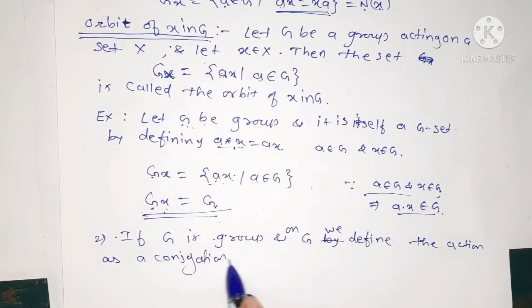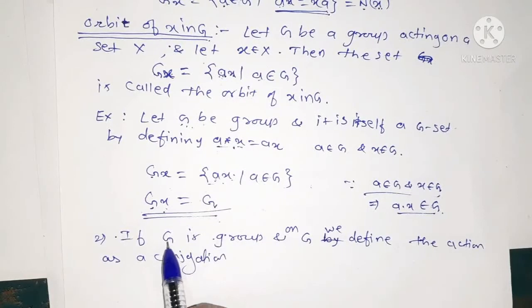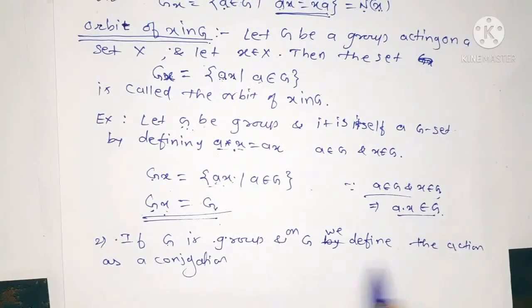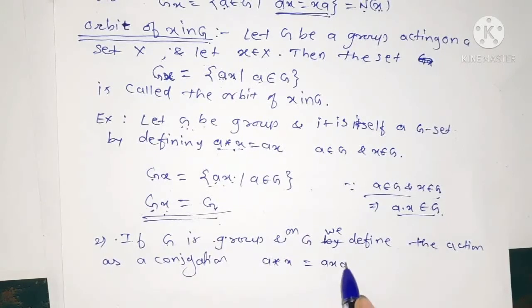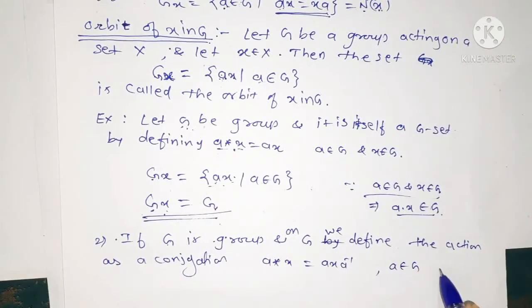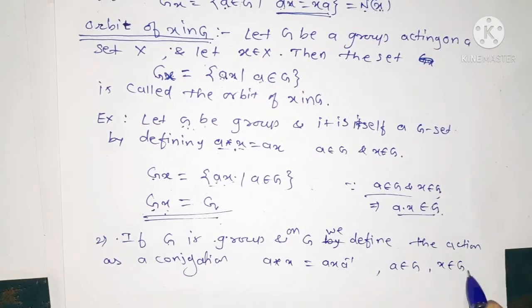Under this action G becomes a G-set. We define the action as conjugation, that is, a star x equals a x a inverse, where a belongs to G and x is also an element of G.